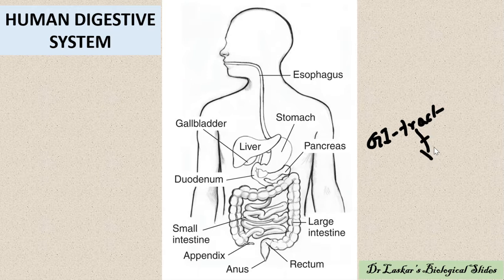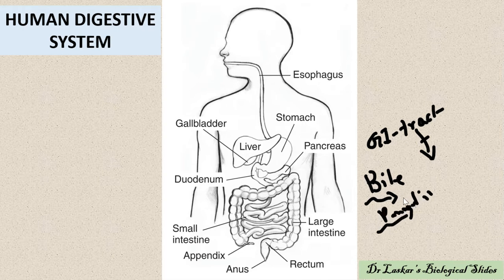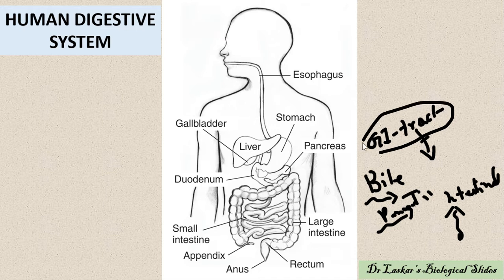So the secretion of bile juice, pancreatic juice, as well as intestinal juice is mainly controlled by the GI tract hormones, secreted mainly from the small intestine.